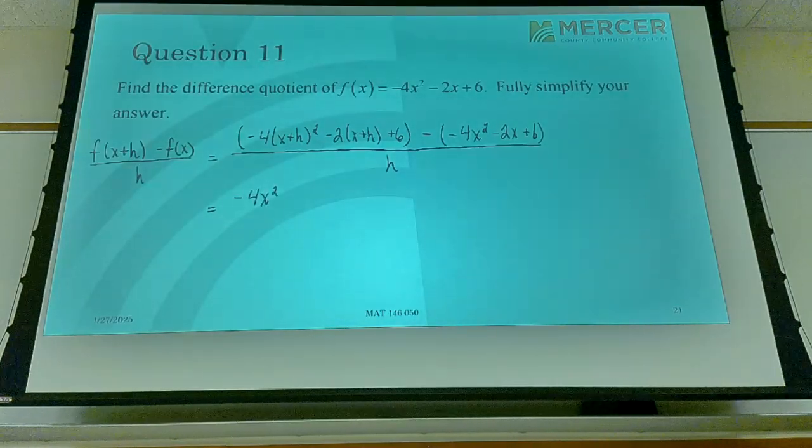For the sake of space, I'm going to do two steps at once. I'm expanding out the quantity x plus h squared and then distributing the -4 through.